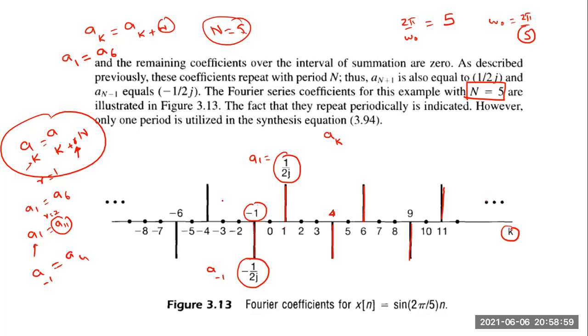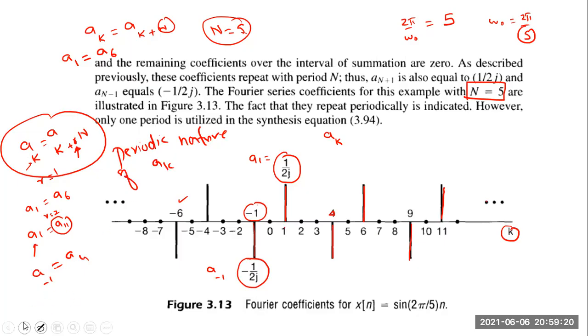Similarly, on the left hand side, you can also see that a minus 1 is also going to repeat itself at minus 6. So this is what I was talking about, the periodicity which is shown only by Fourier coefficients of discrete time Fourier series.